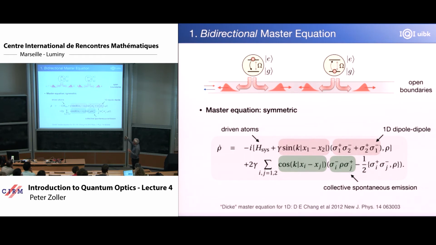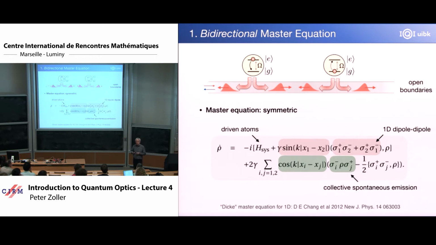So if you ask, what is that? Well, this is exactly the Hamiltonian you do expect from 1D dipolar emission. What would you expect for these quantum jump operators over here? Well, it turns out, suppose that you sit out here with a photodetector on the left-hand side, and the photodetector makes a click. Which atom has emitted the photon? You don't really know. It can be the first one, the second one, the third one, and so on.